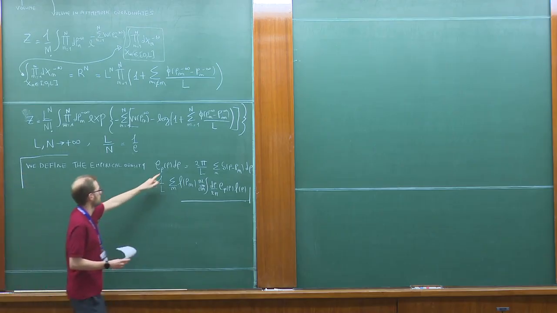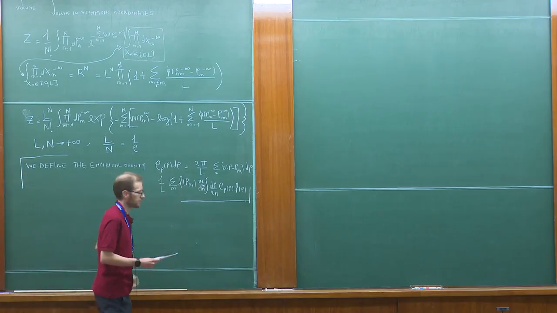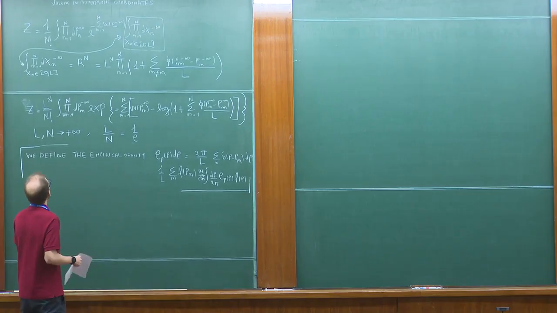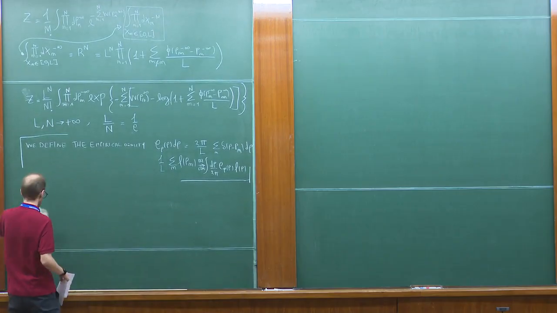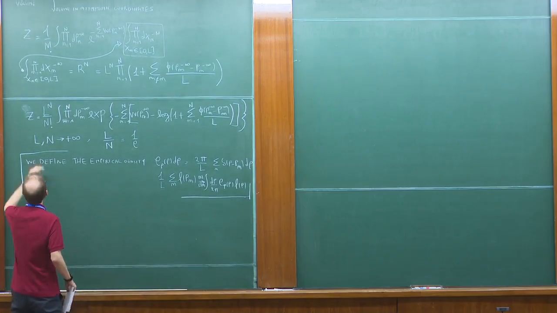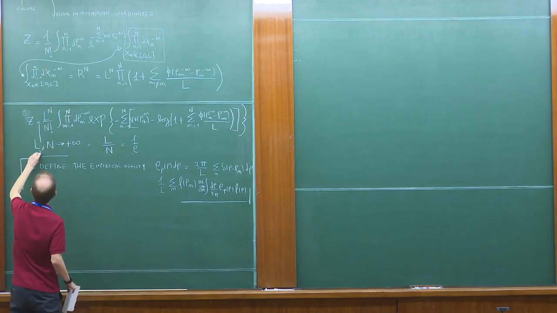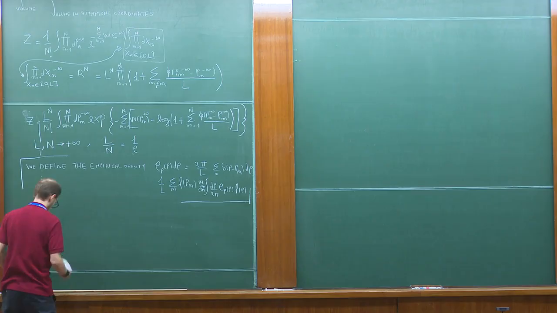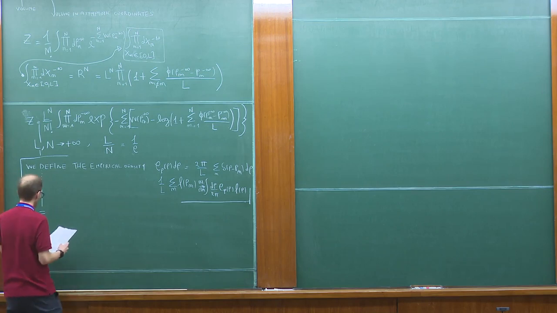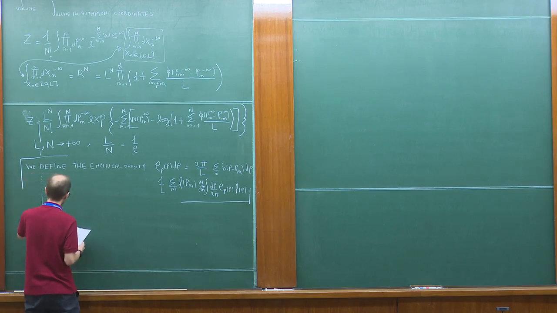Here the argument will be all the asymptotic momenta. You can put minus infinity. Now, if we rewrite the partition function in terms of rho, this will become essentially a functional integral.